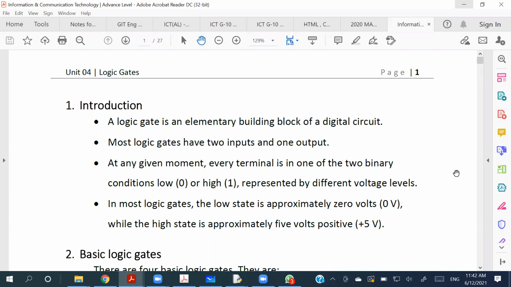So the flow of electricity is indicated as one, and not flowing electricity is indicating a zero. When we talk about the number system, we discuss why and what is represented by one and which is represented by zero, right?